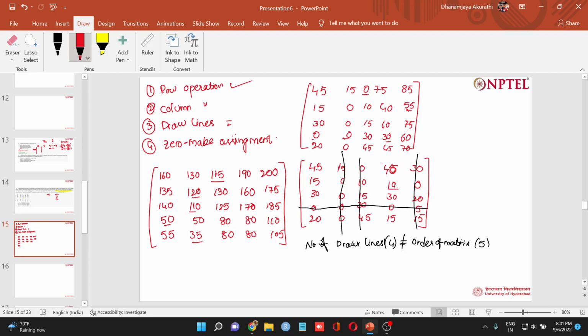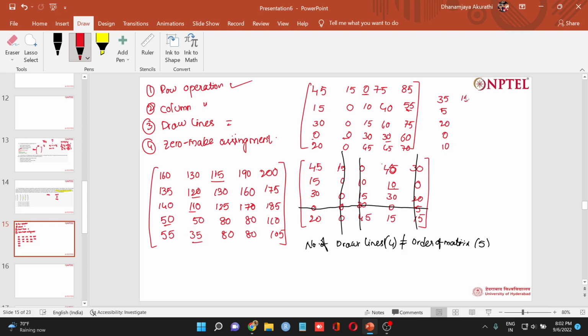And then we have to subtract 10 from the uncovered elements and add 10 at the intersections of the drawn lines, and the remaining covered elements should stay the same. The minimum is 10, so we subtract 10. Here 45 minus 10 is 35, 15 minus 10 is 5 for the uncovered elements, 20, and here 0 is a covered element, so 0 should not be changed, and 20 is an uncovered element, and 20 minus 10 is 10.